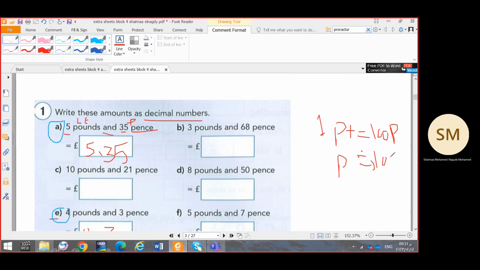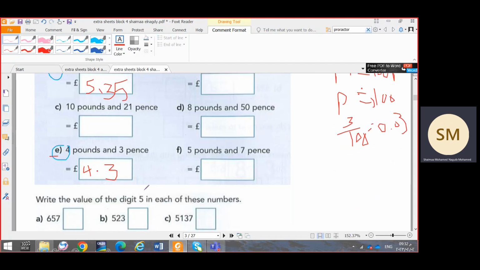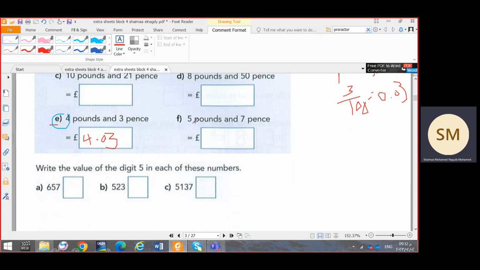So it will be 3 over 100, which gives me 0.03. So it's not right to write it like this; you will add a 0 here. So it will be 4 and 3 hundredths, not 3 tenths. Just to be accurate in this one.